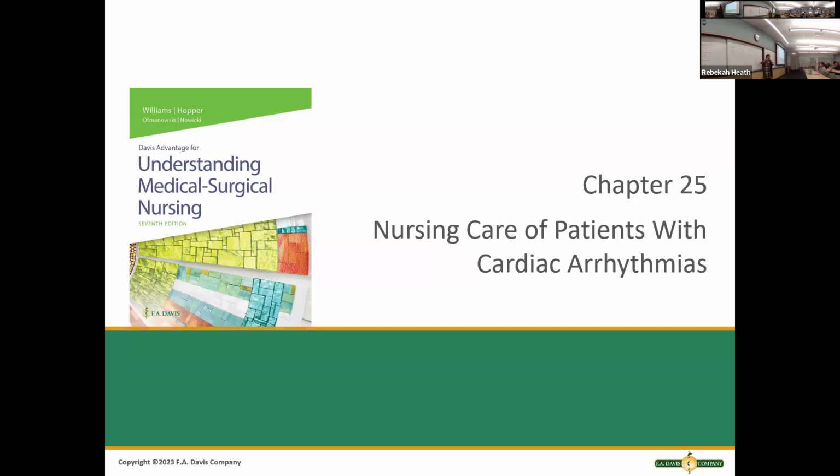It's a slower rate. We're not going to learn a lot of the ventricular rhythms, but just know if your heart rate is really low, there might be something going on with the SA node where the AV node has to step in.